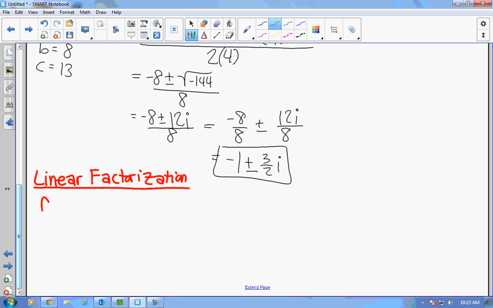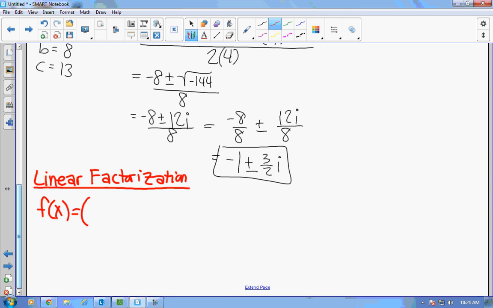Okay, we have f of x equals, if this is an x-intercept, how do we write it as a factor? There's 2 of them, right?